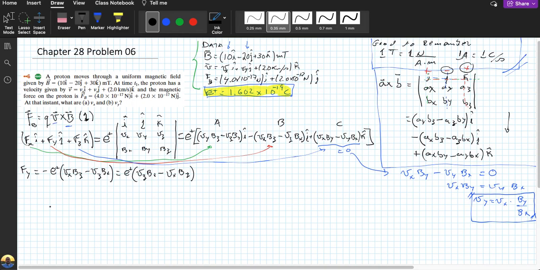Okay, so what you have is, okay, so Fy. Who is Fy? Fy here is 2.0 times 10 minus 17 newtons, right? Equals to what? Your electrical charge, which will be 1.602 times 10 minus 19 coulombs.